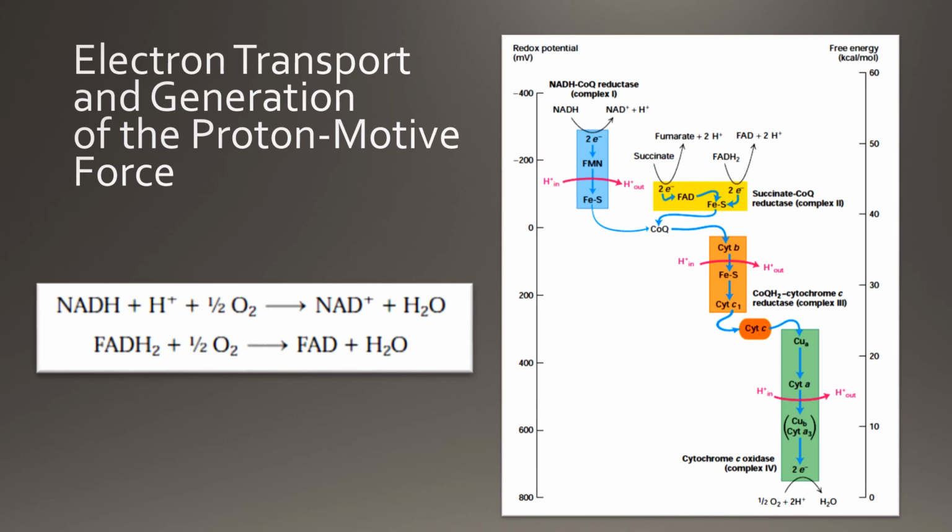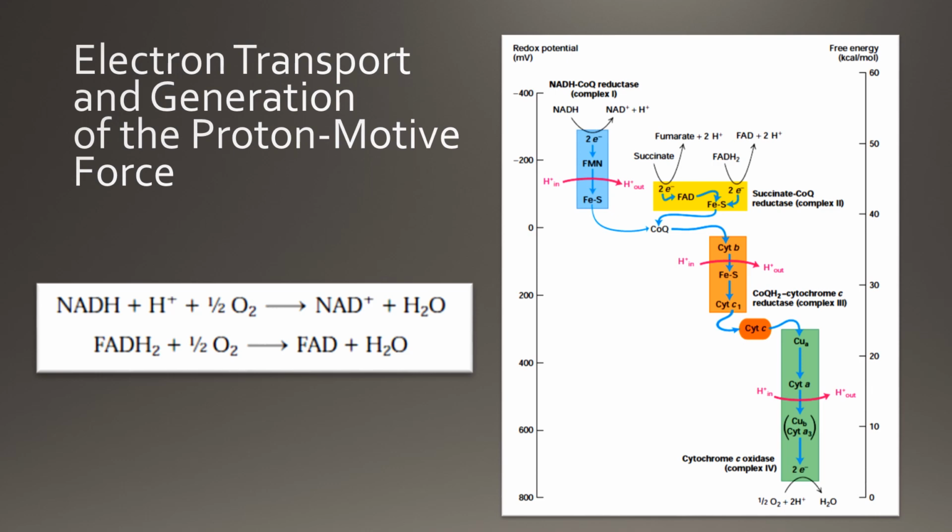So, in the presence of a minute amount of detergent that makes the membrane leaky, electron transport and oxidation of these metabolites by oxygen still occur, but no ATP is made. Under these conditions, no transmembrane proton concentration gradient or membrane electrical potential can be maintained.